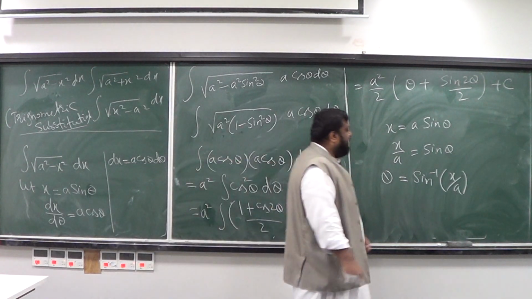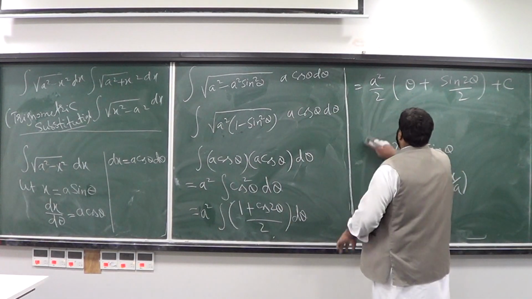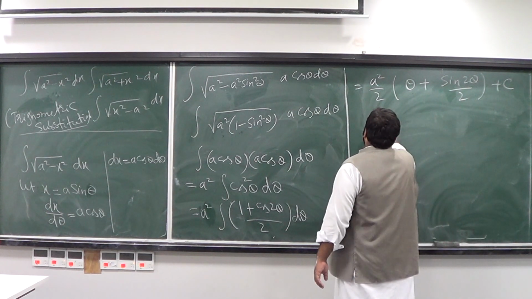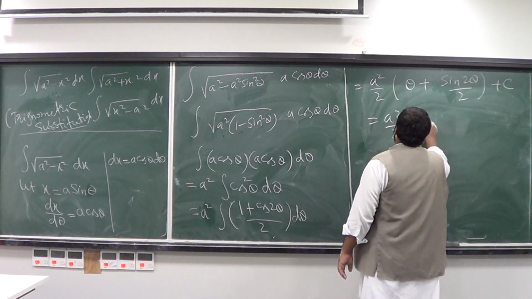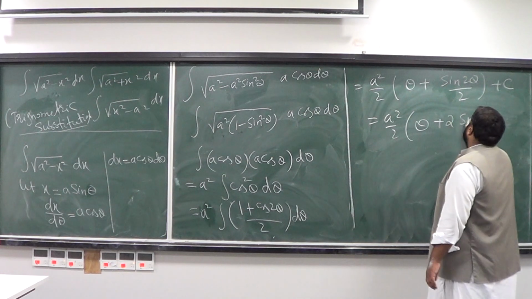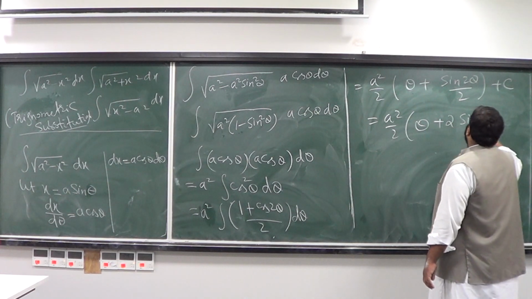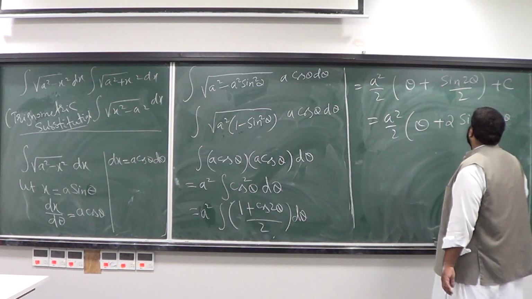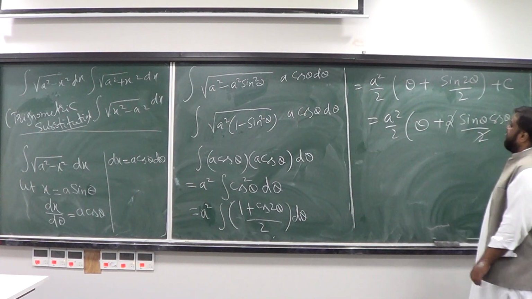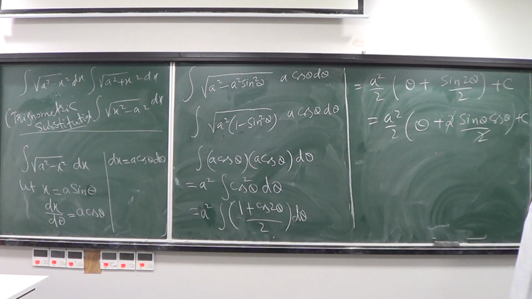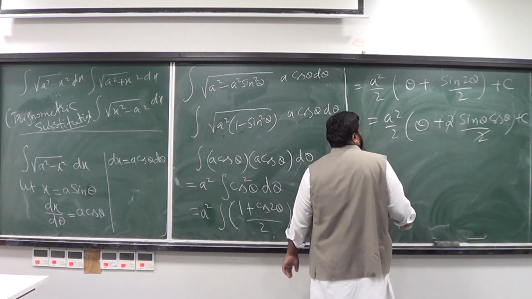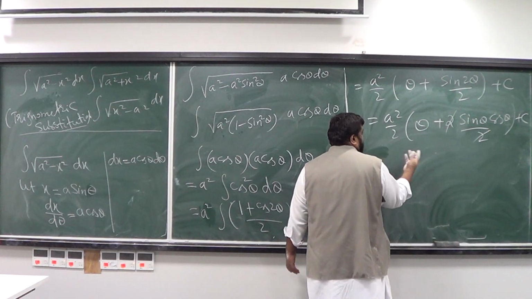But to get an even more symmetric and suitable form, what you can do is, I know the formula for sine 2 theta: sine 2 theta is 2 sine theta cos theta, plus c and divided by 2, so you can get rid of the 2 and 2. And then you can substitute the value of theta.